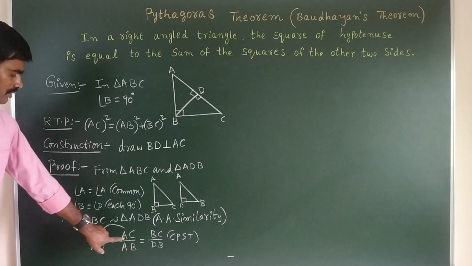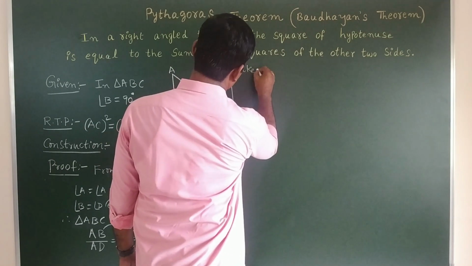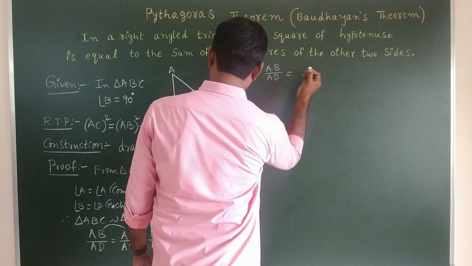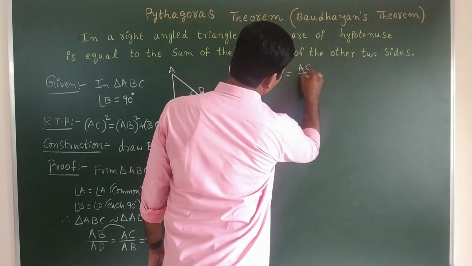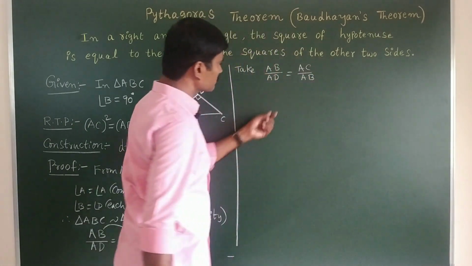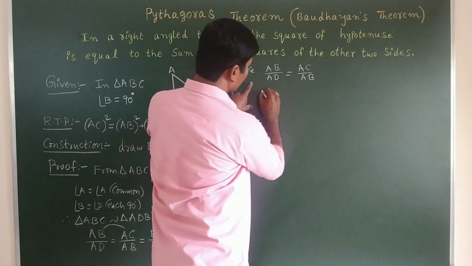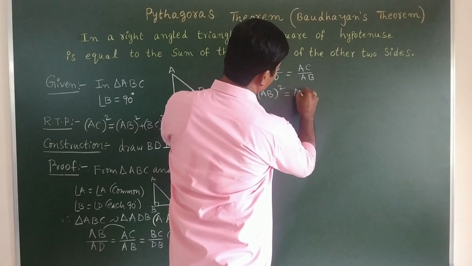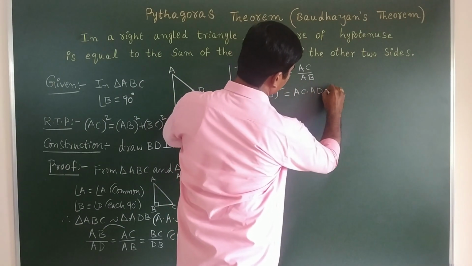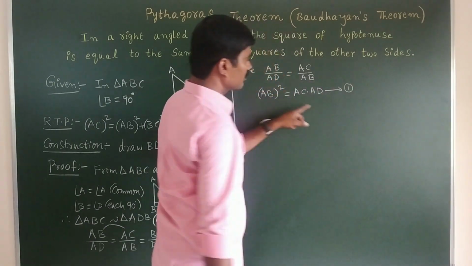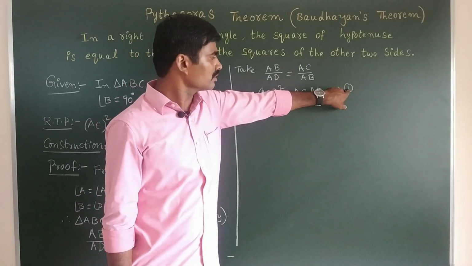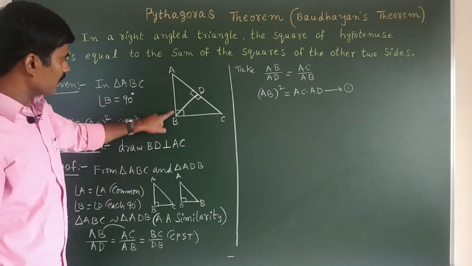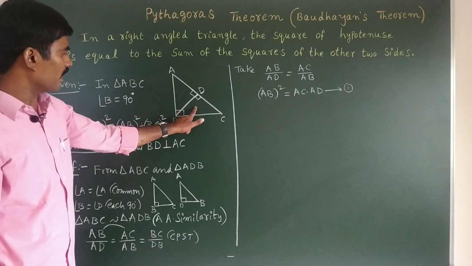AB by AD is equal to AC by AB. Use cross multiplication. AB into AB, AB whole square, equals AC into AD. Take this as equation 1.